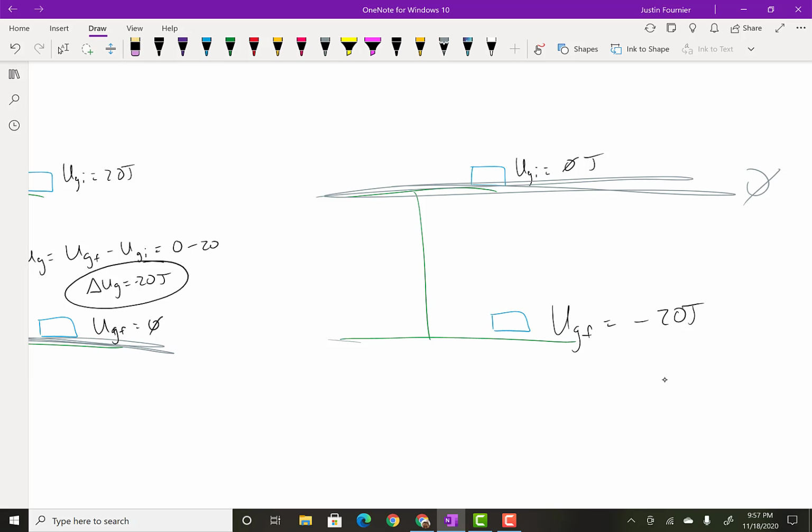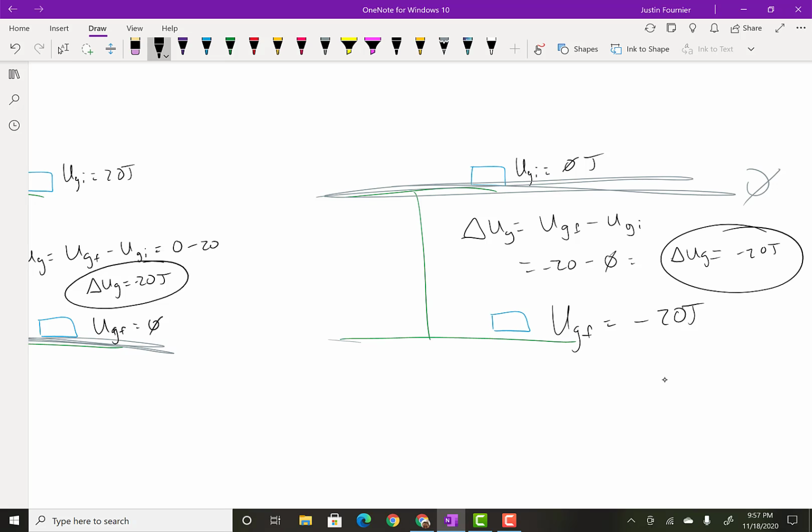So then, what's my change in gravitational potential energy? Well, change in anything is the final minus the initial. So the final is negative 20 minus the initial, which is 0. So my change in gravitational potential energy is also negative 20 joules.